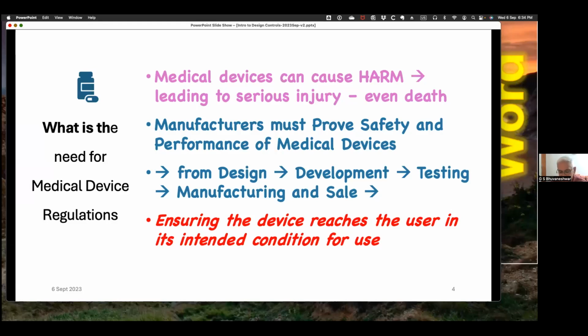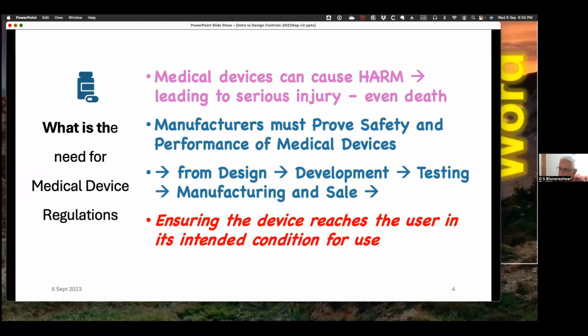And manufacturers in general mean including all those who develop the device, who scale it up, test it, and then manufacture it, market it, and so on. So it involves the whole group of all the stakeholders involved in getting the device into the market.